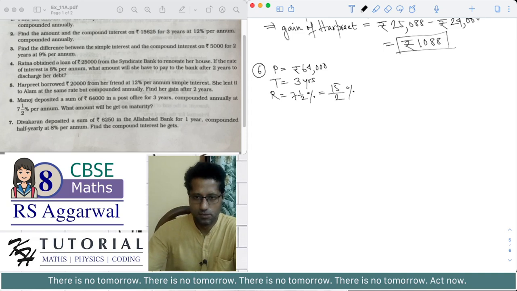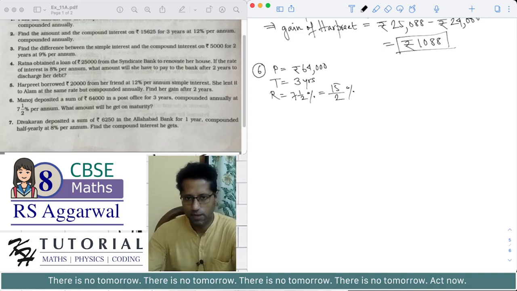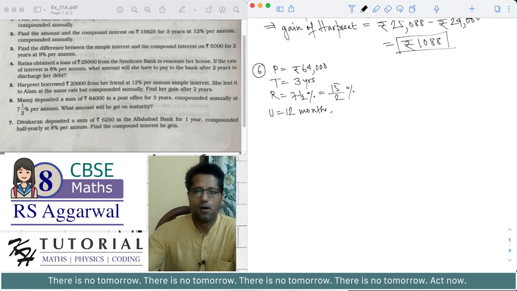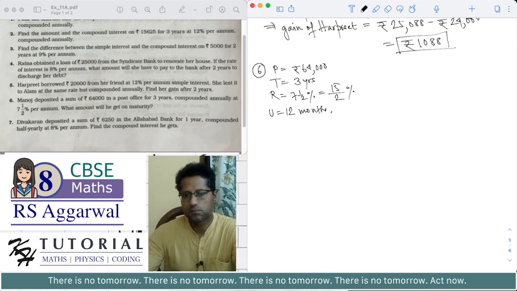So the scenario is compounded annually for 3 years. Compounded annually means the unit of time is equal to 12 months. So R dash, since the unit of time is 12 months, which is 1 year, R dash will be equal to R, which is 15/2 percent.